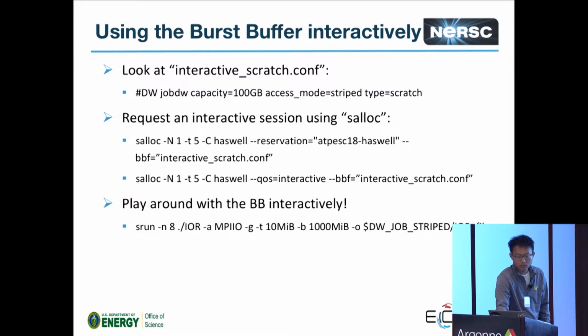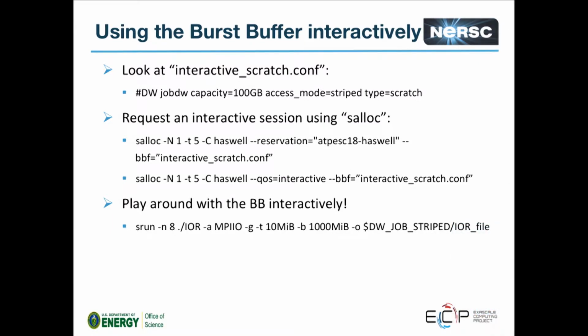I think it's interesting to just try the burst buffer interactively. So by using the interactive queue, basically you can have less turnaround time, and you can debug your code. That's what we do with the interactive queue mostly. And for using the interactive queue, you can specify the configuration for burst buffer.